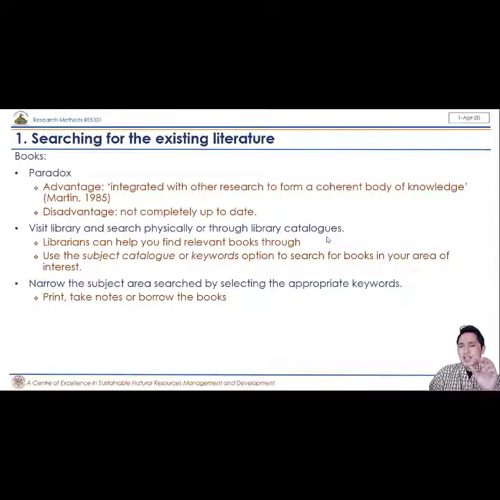Then after you find those books, if the book that you have found is not for borrowing, it's just for reference in the library, you can immediately print or photocopy that, but do not tear that paper, because that must be very important for future reference.